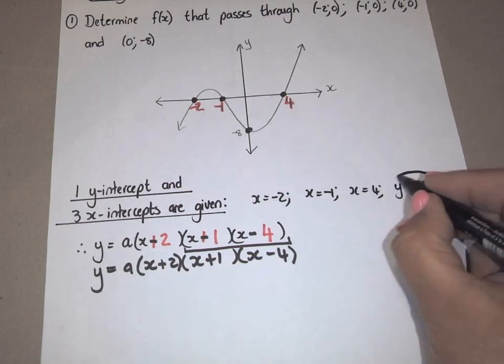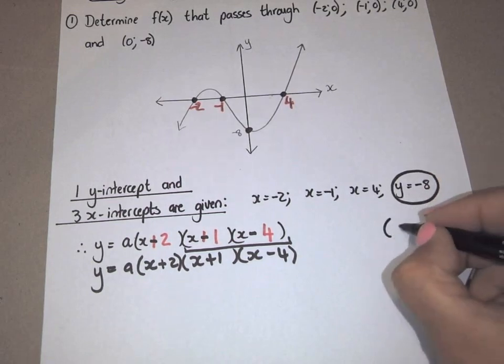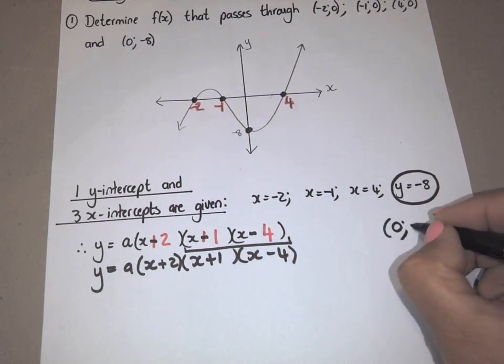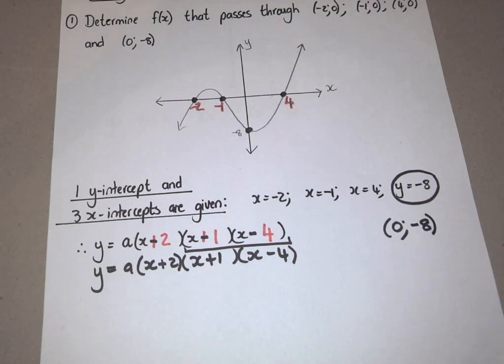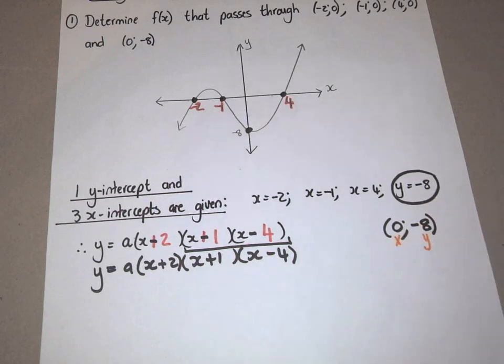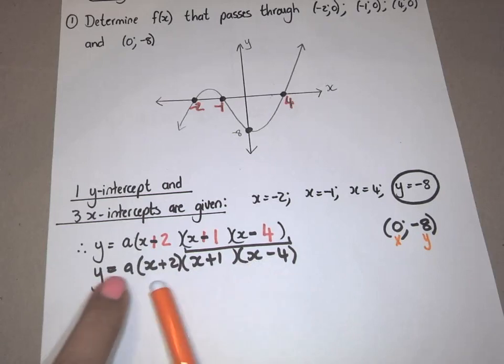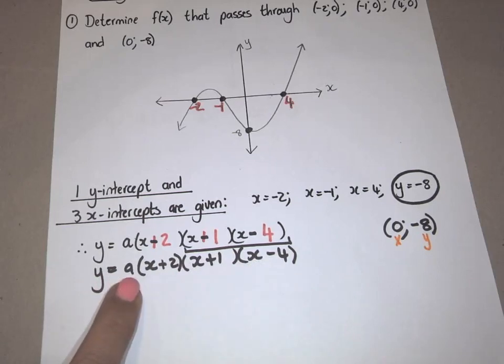I also have a y-intercept. This coordinate is x is 0, y is -8. This is an x and a y value. If I substitute that into these variables, I can work out what a is.